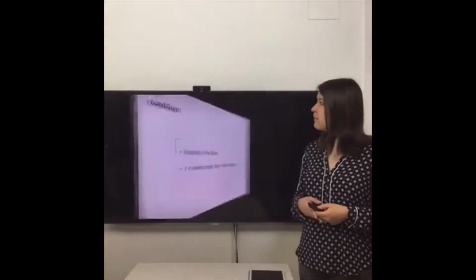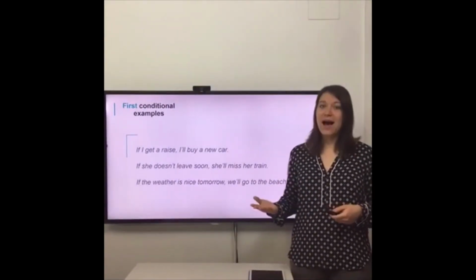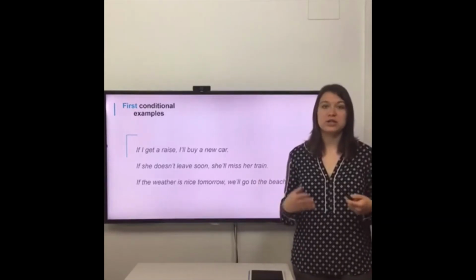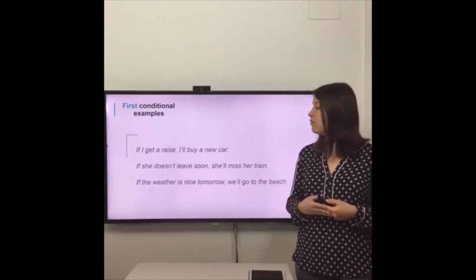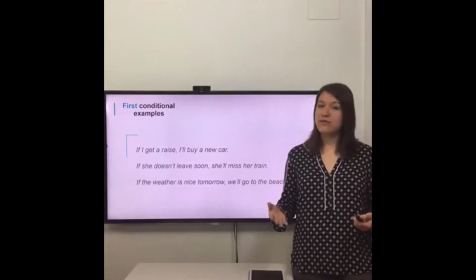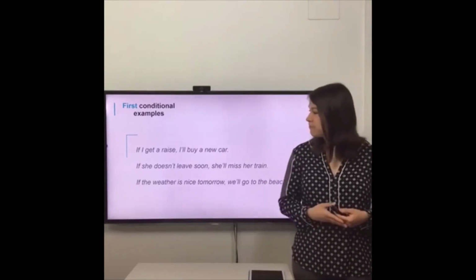Okay, let's look at some examples. If I get a raise, I'll buy a new car, or I will buy a new car. You can use the contraction form of will. You don't know for sure if you'll get a raise, but if you do, you'll buy a new car.